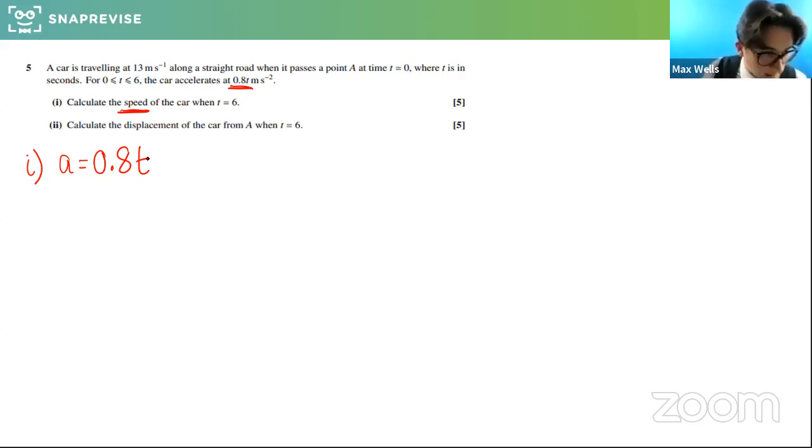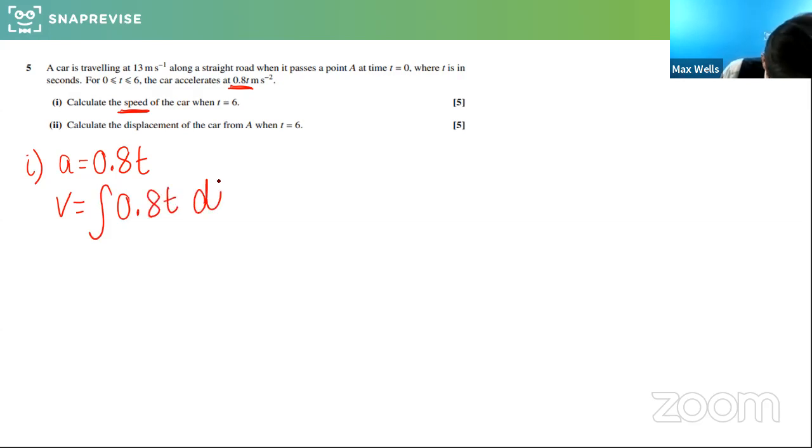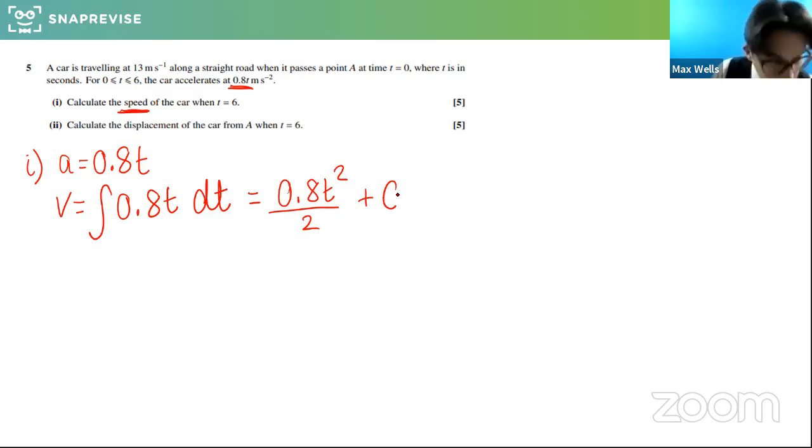So if we integrate the acceleration, v is equal to the integral of 0.8t with respect to t, which is going to be 0.8 t squared over 2 plus c. We add 1 to the power and divide by this, so we end up with 0.4 t squared plus c as the velocity.